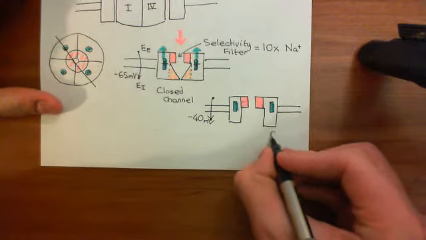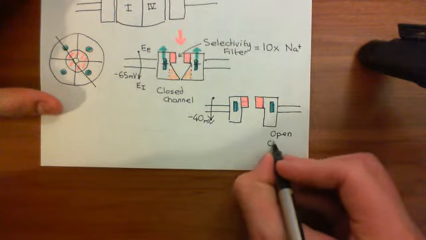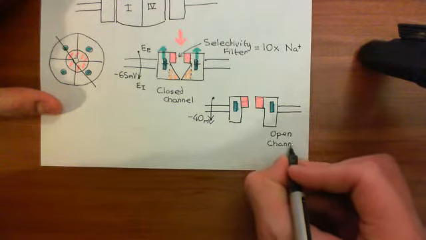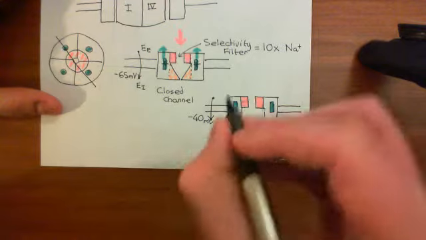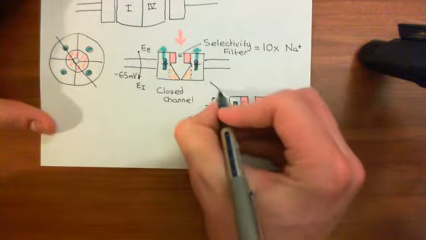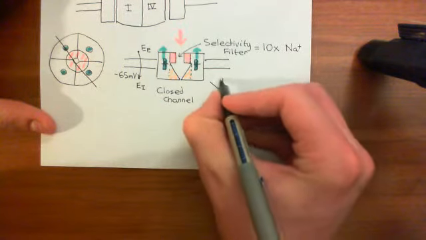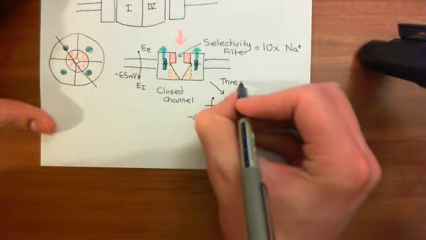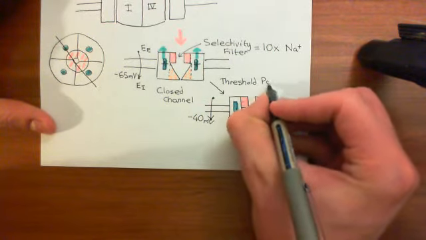This is the state which can conduct sodium ions, and this will allow sodium ions to come into the cell, and that produces the depolarizing upstroke of the action potential. Okay, so that's how we go from the closed channel to the open channel once we get to threshold potential. And that's how depolarization opens the channel.